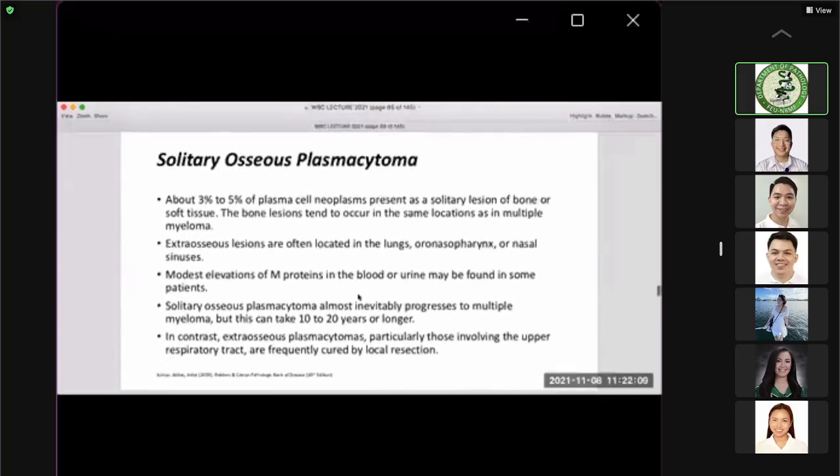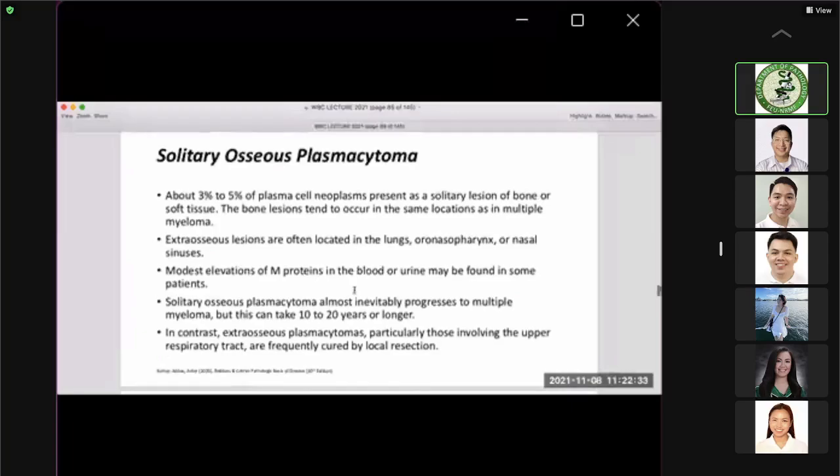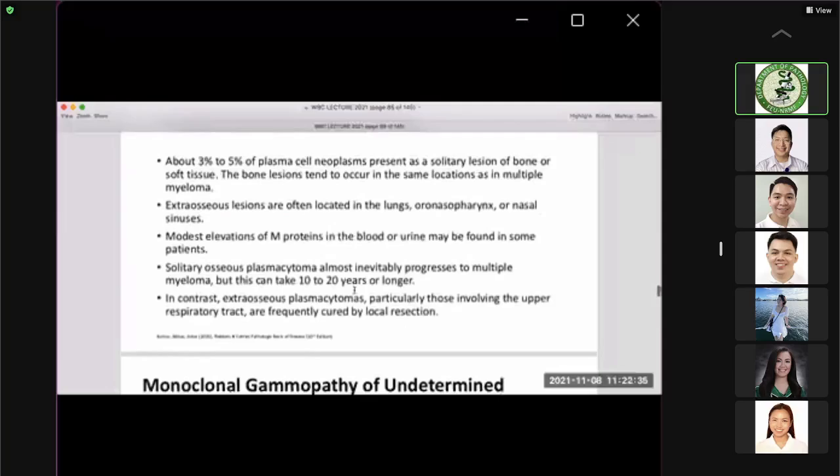Solitary osseous plasmacytoma, with the characteristic here, you know, solitary as the name implies, solitary lesion of bone or soft tissue, tend to occur in the same sites as in multiple myeloma. Extraosseous lesions occur in these regions. Okay, there is modest elevation of M proteins in the blood or urine. Okay.